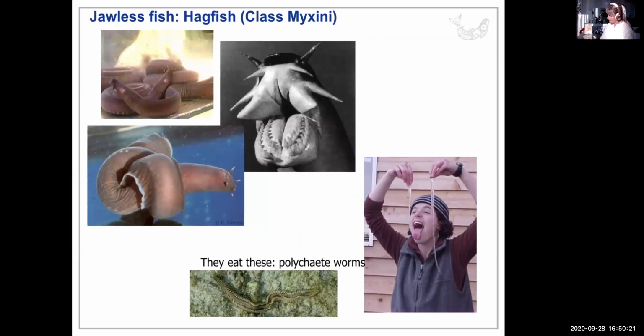The jawless fishes are craniates, however, because they have a distinct head with a developed brain. The complex sense organs are in their head. Yeah, so they're organs for taste and for sight and for smell.